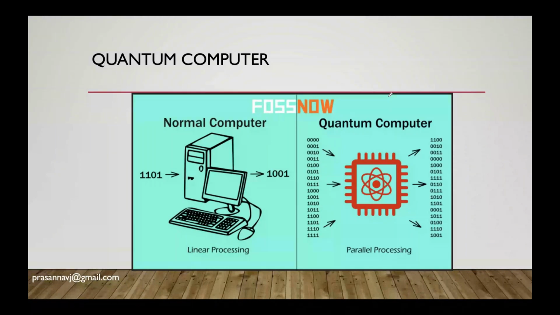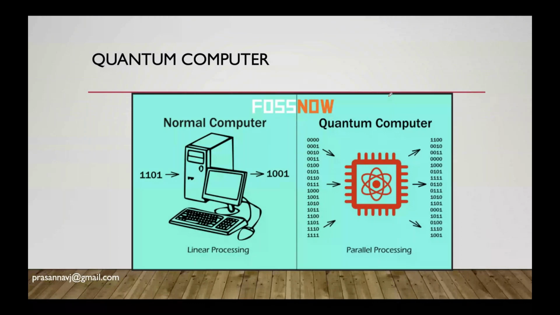The parallelism at the individual qubit level means you can achieve a lot more within a second on your quantum computer.